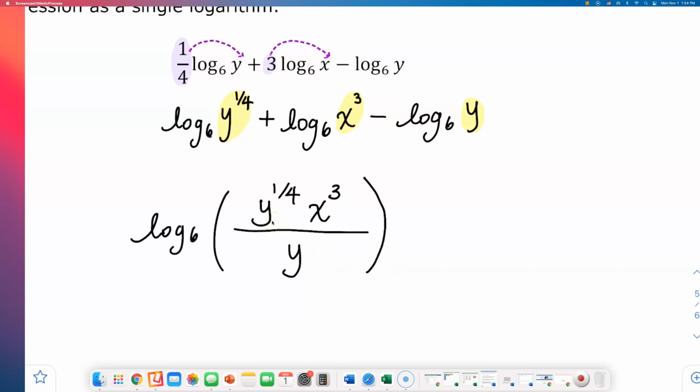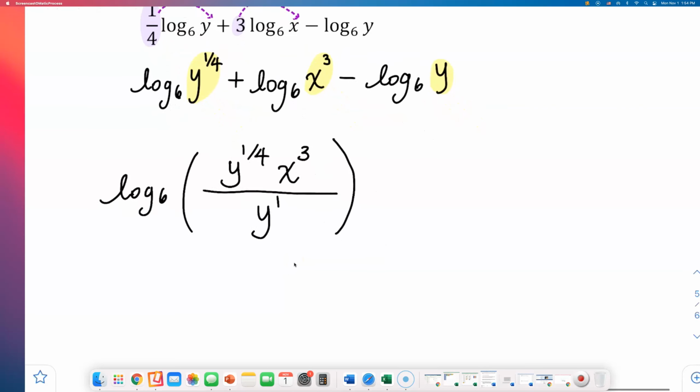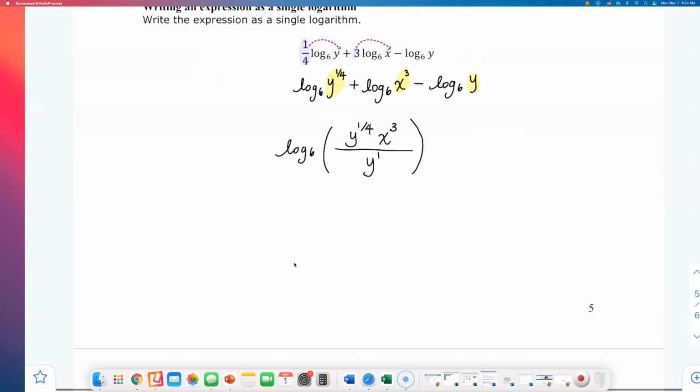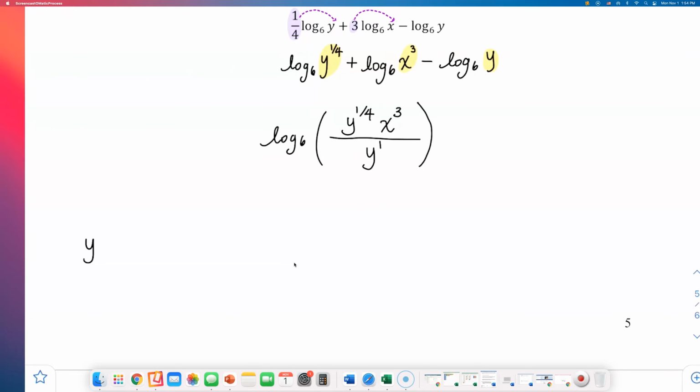Now, this looks almost done, but it's not really done just yet, because you notice there is y to the 1/4 on top and y to the 1st power in the bottom. So we have to simplify these. What will happen when you divide y to the 1/4 power by y to the 1st power? You're going to subtract their exponents.